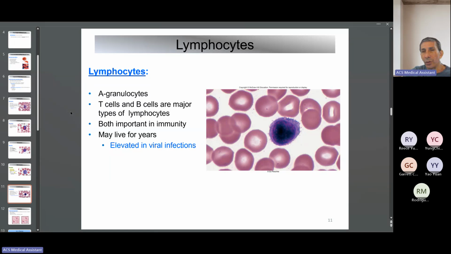Okay, so we are done with these 5 types of white blood cells. Remember: neutrophils, eosinophils, basophils, lymphocytes, monocytes. Any questions, once again, about these white blood cells? Remember, the take-home lesson is that you need to know the function of each one of these blood cells.